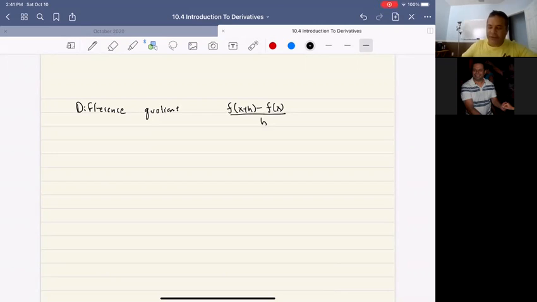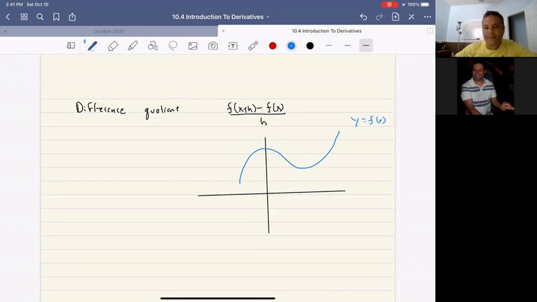Okay, and if you may remember or may not, that represented that we're taking some function, let's say y equals f of x. That's a bad f of x.